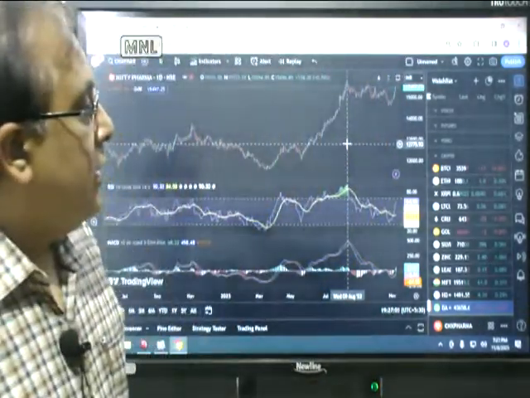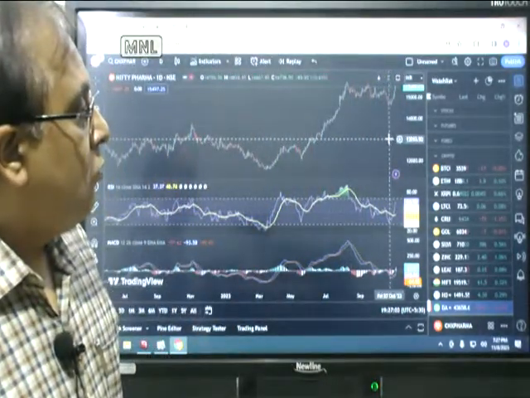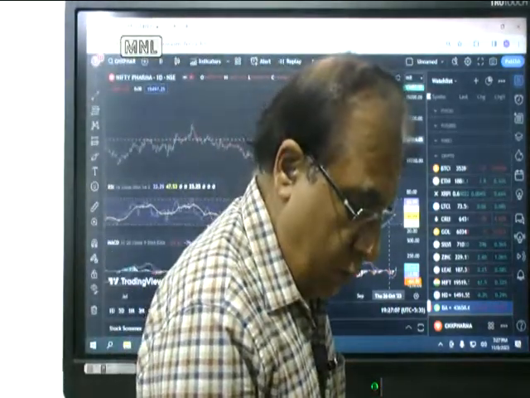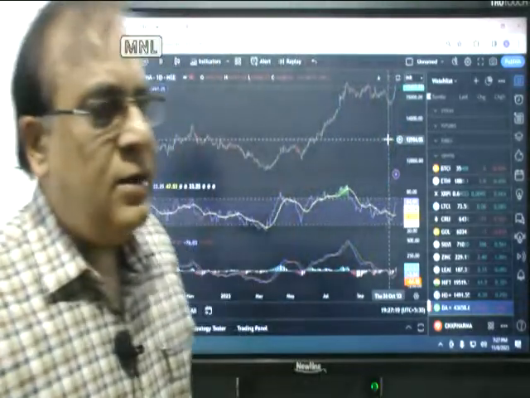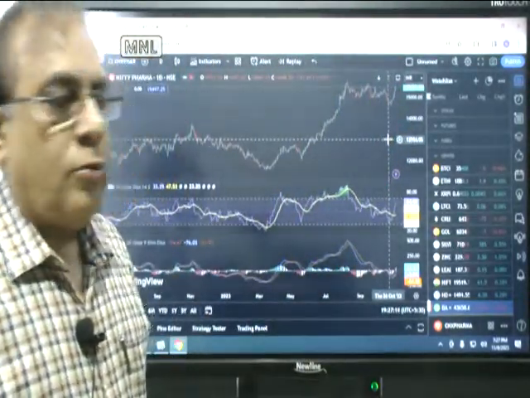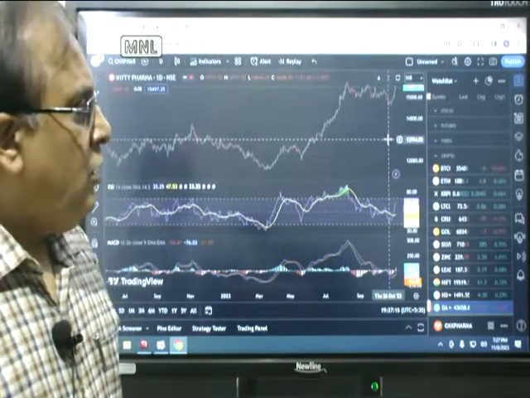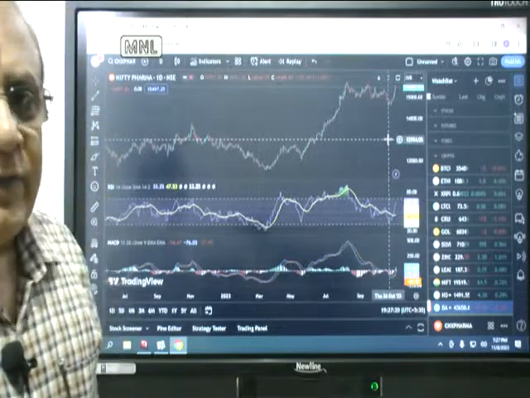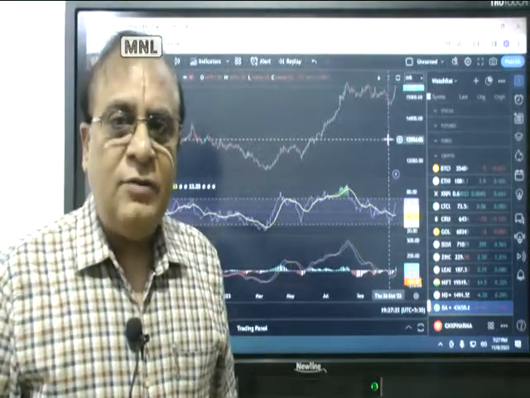So 2,200 maximum. So anywhere between 16,000 to 16,700 it can top out. So mostly 16,000 if we keep, we have got a chance of another 500 points of rally possible.